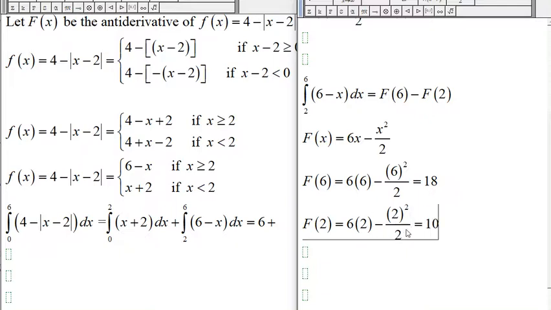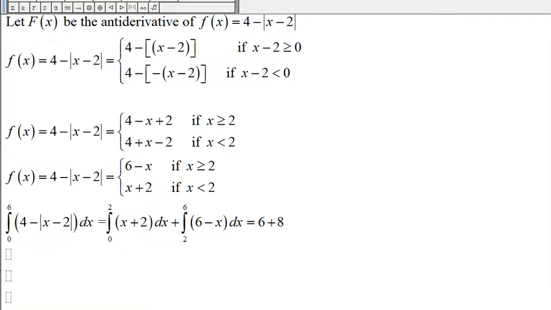So 18 minus 10 is 8. The second integral is 8, and together we get 14.